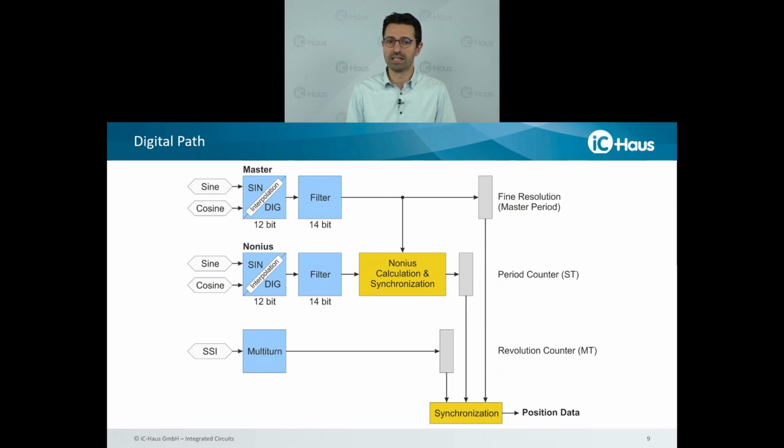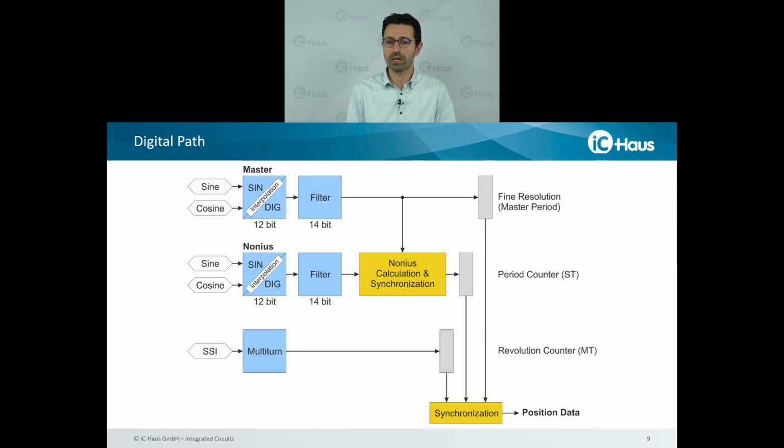We call it a sine to digital converter because we feed in sine-cosine and we get out a digital angle information. We have 2 of these interpolations within the iC-MU series, one for the master and one for the nonius track. Then we have a filtering afterwards to get a 14-bit resolution of each track. For the master track, we have the fine resolution.